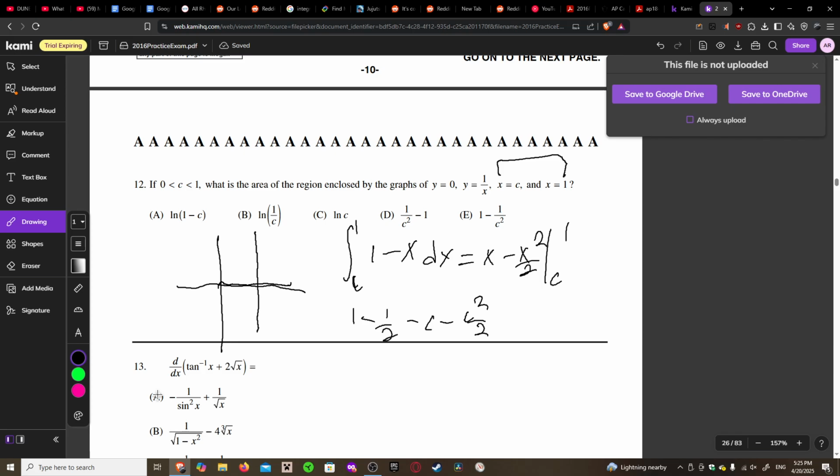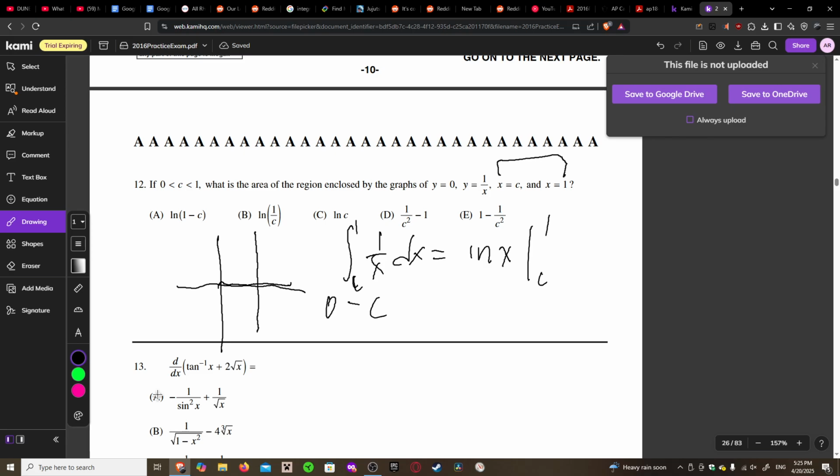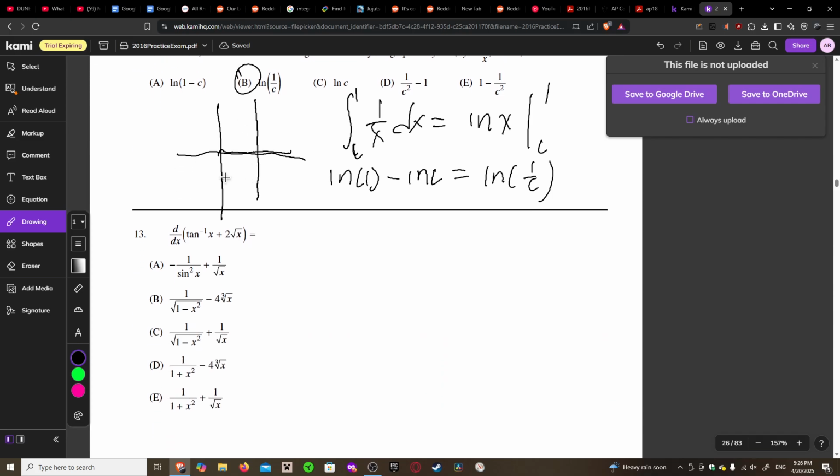This is actually a pretty cool question. Oh wait, it gives me the, I'm stupid. I didn't read. The reading comprehension devil got to me. 1 over x dx, which is just ln x from c to 1, which is ln 1 minus ln c, which would be negative ln c.